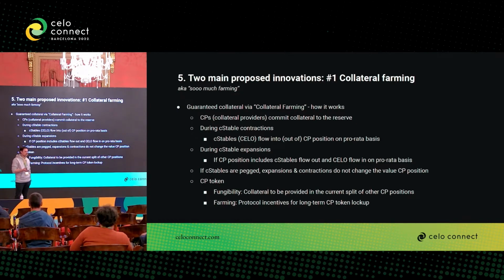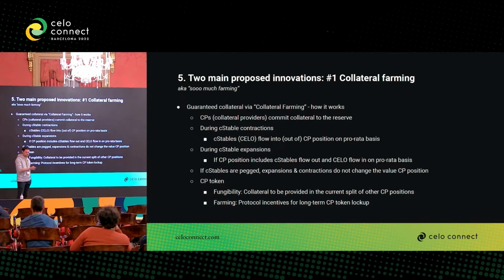Now, during expansions, mechanics are a bit different. During expansions, Celo dollars have to flow out somehow. If the collateral providers have Celo dollars in their position, the Celo dollars will flow out of those positions. Otherwise, their position will be unaffected.